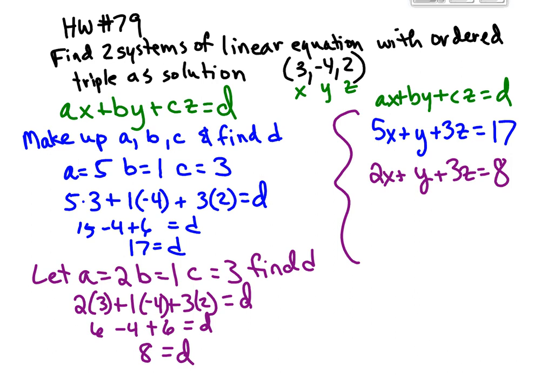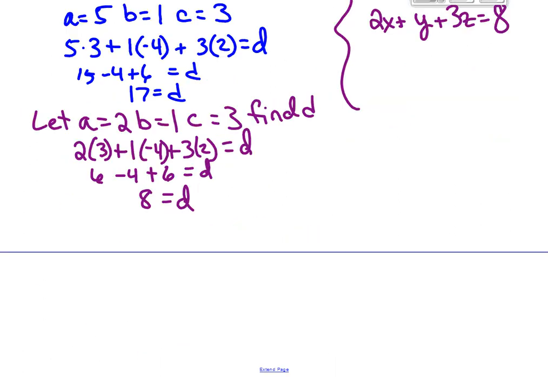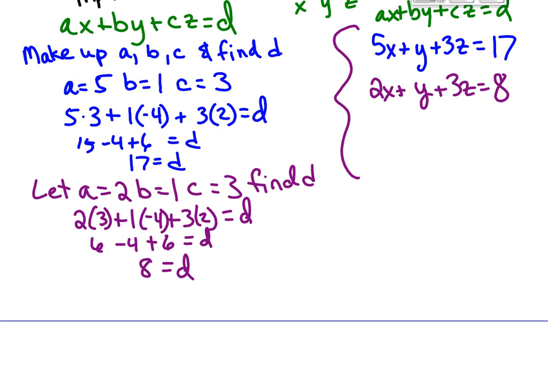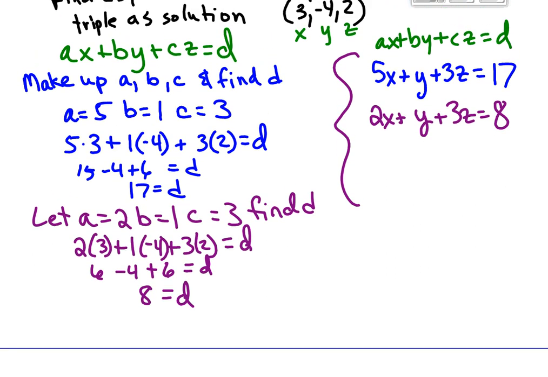And now for my third one, I want to be able to see all of this. So I am going to slide it down a little bit, but not too much. And I'm just going to work below where I'm going to have my answer. And so my third thing is I'm going to let A equal 1, B equal -2, C equal 4. Notice I'm not choosing super hard to work with numbers.